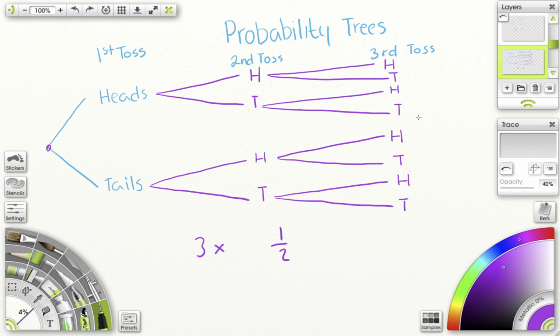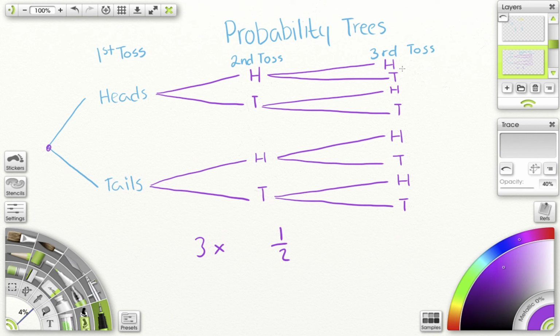The third toss shows us all possible outcomes of landing on heads or tails in all 3 tosses. So I have 1, 2, 3, 4, 5, 6, 7, 8. There are 8 different ways I could do the 3 throws.